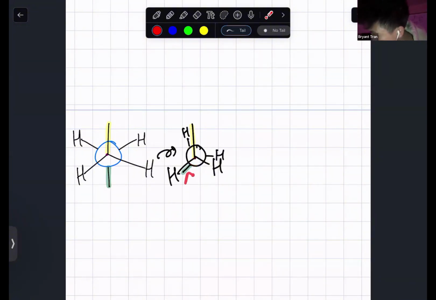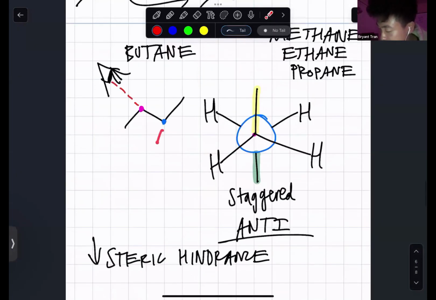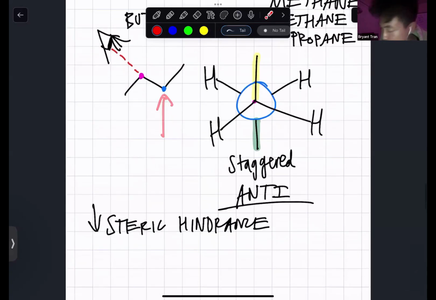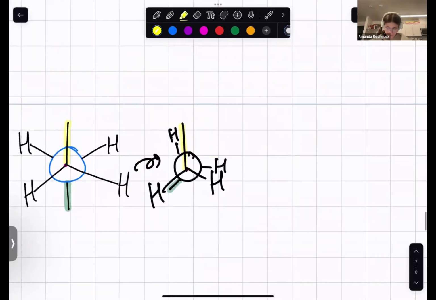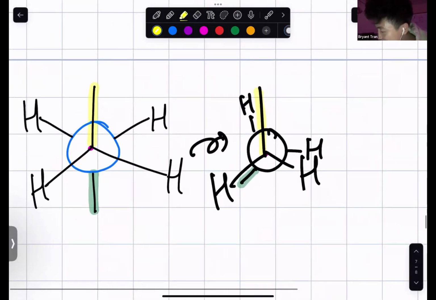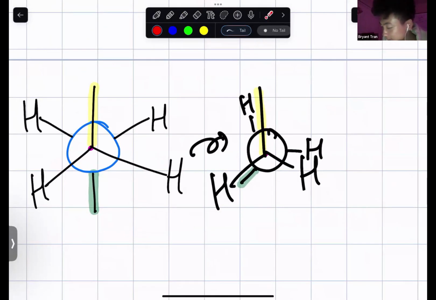If you look at this green highlighted methyl group right here, it's coming off of the big circle right there, because that big circle represents the back carbon that we do not see, which is this one right here. Right. And I can highlight that. Like that's the green methyl, and this is the yellow methyl right there. Right. Okay. So does this make sense so far, Amanda? Like how I got to here?